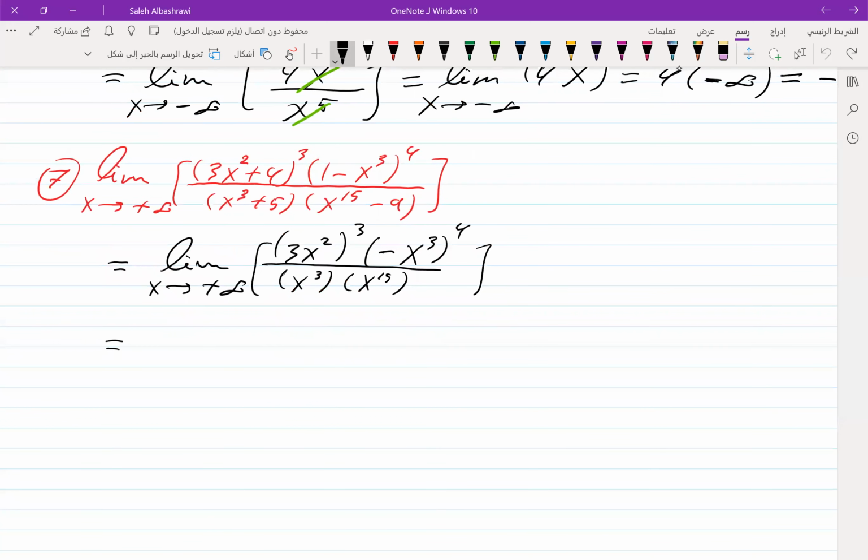Now this will give me the limit of 3 to the power 3, which is 27, times x to the power 6, multiplying the powers, 3 multiplied by 2. Then minus 1 to the power 4 will be plus 1, and x to the power 3 all to the power 4 will be x to the power 12.